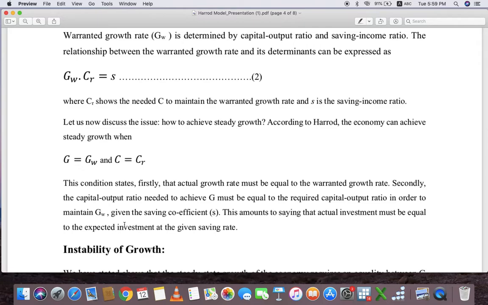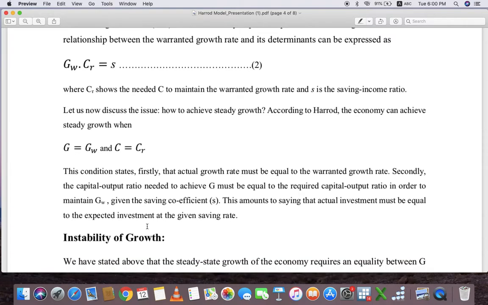So, this condition states firstly that actual growth rate must be equal to warranted growth rate, and secondly the capital output ratio needed to achieve the steady growth rate should be equal to the required capital output ratio, given the saving coefficient. So, this amounts to saying that actual investment must be equal to the expected investment at the given savings rate. If that can happen, then the economy can achieve the steady growth rate.